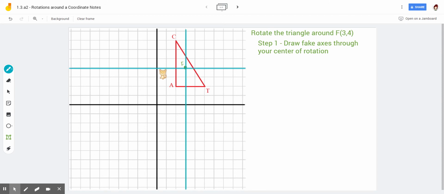I'm going to go back to my regular pen. So -1, -2. That's our fake coordinate. T is at 2, -2.